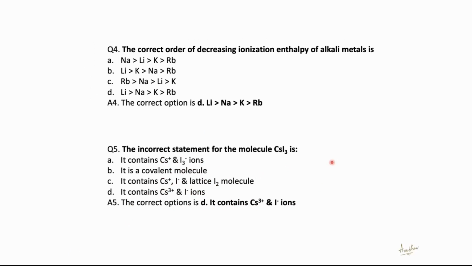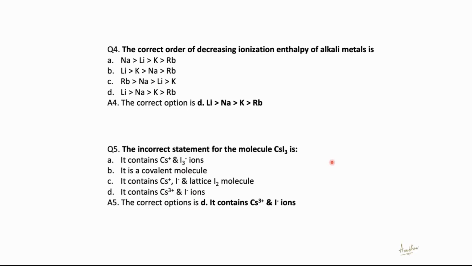The next question is the correct order of decreasing ionization enthalpy of alkali metals. I have already discussed this in detail in the previous slide, how we can determine the decreasing order of ionization enthalpy. That solely depends upon the size of the alkali metals. The size decreases from cesium to lithium.